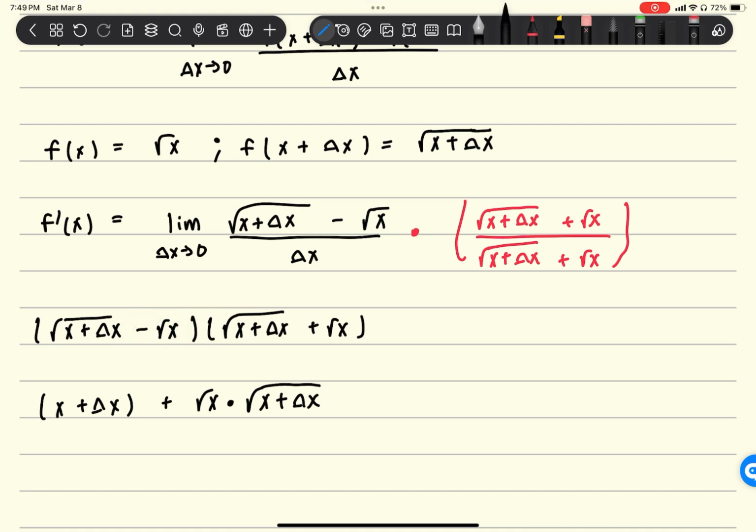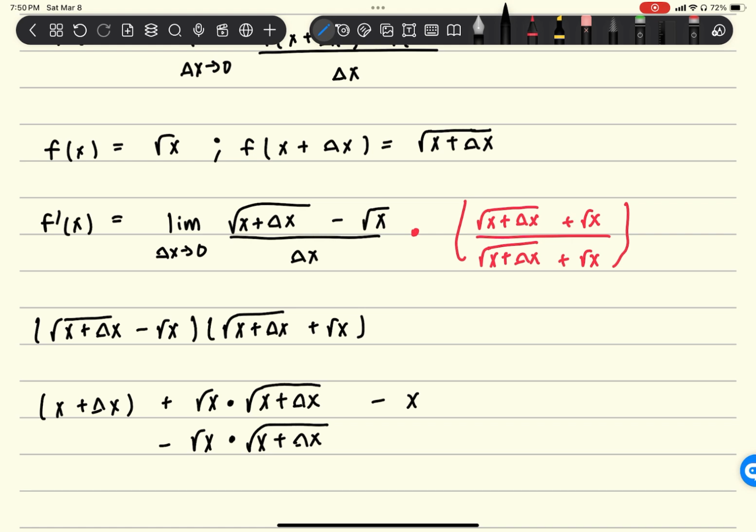And so when we do that, we get minus square root of x times the square root of x plus delta x. And finally, we're going to multiply negative square root of x times the square root of x. And so when we do that, we're going to end up with minus x.